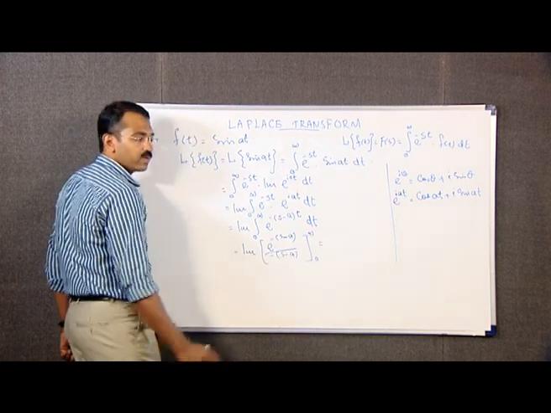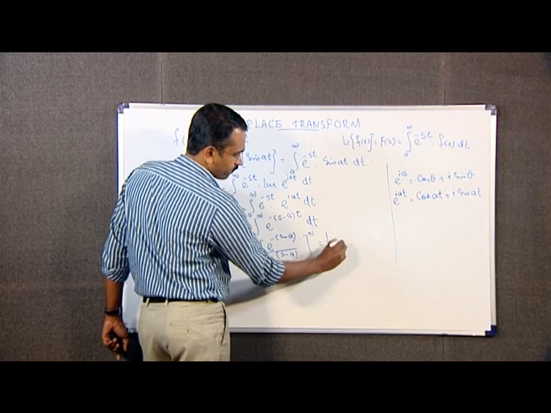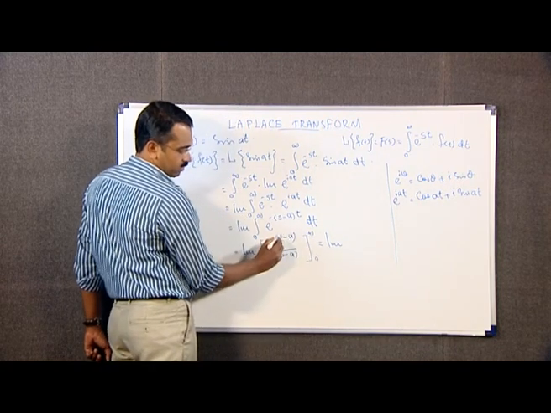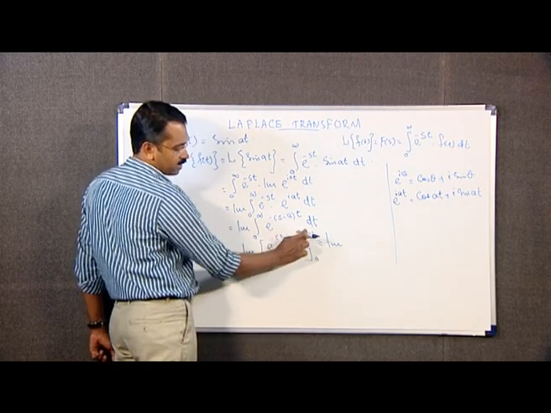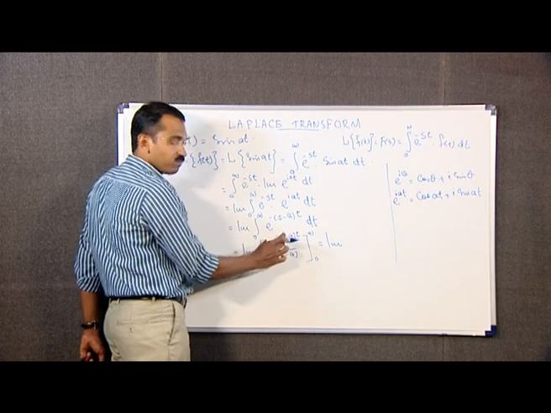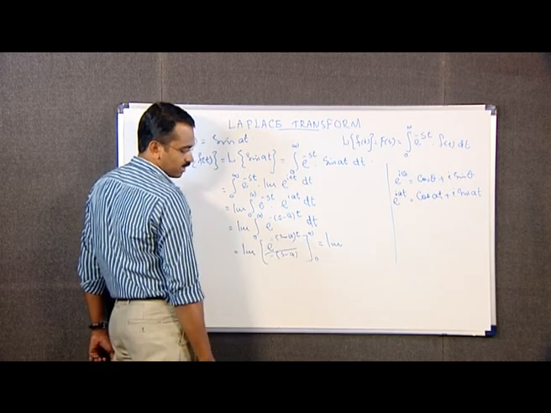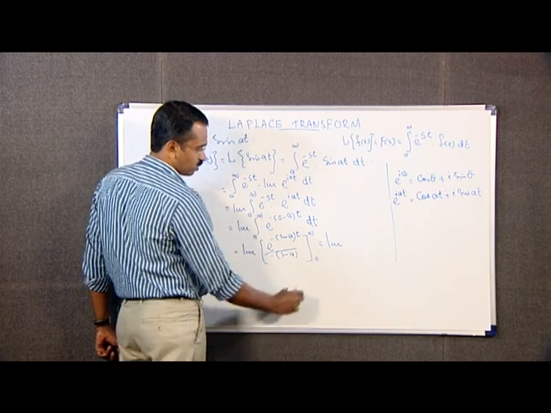that is equal to the imaginary part of e^(-(s - ia)t). When t equals infinity, this term tends to 0, that is e^(-infinity) tends to 0.